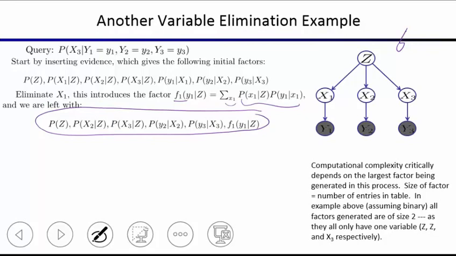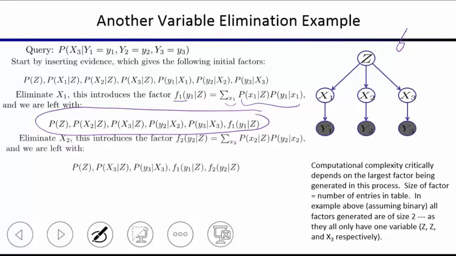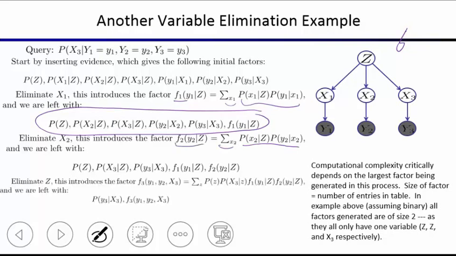Then next, let's say we eliminate x2. This introduces a new factor which we can compute by joining all factors that involve x2, summing out over x2, which gives us this new factor. Then we eliminate z, which is the last hidden variable. Same procedure, join on all factors that involve z, sum over z, and this is our new factor.